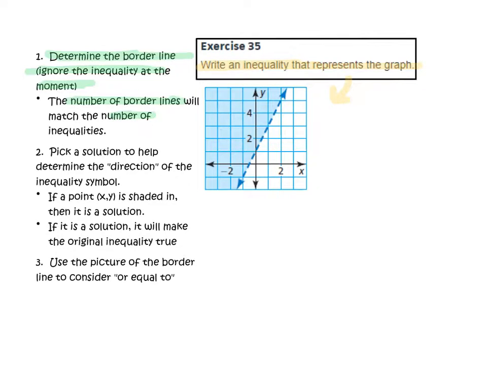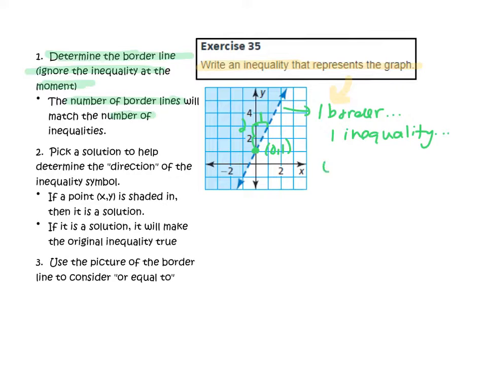So for example, on this problem right here, there is one borderline, so we should have one inequality. For the borderline, I'm going to use slope-intercept form. I can see the y-intercept is the point (0, 1), and I can see the slope is up 2 and over 1.